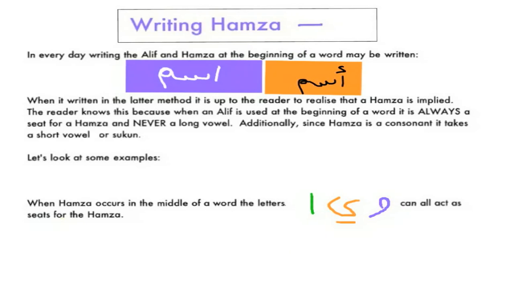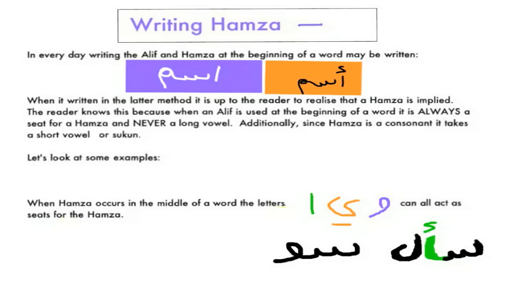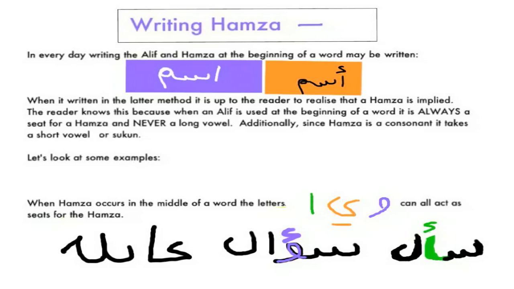The first example is the word sa'ala. Notice that the Hamza is written on top of alif and alif is in the middle of the word. The next word is su'al, and Hamza comes on top of waw. And the next word is aila, and as you see, Hamza is written on top of ya in the middle of the word.